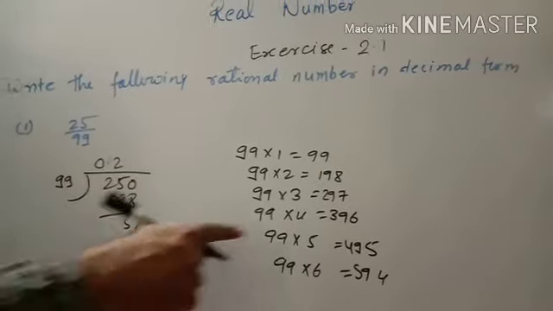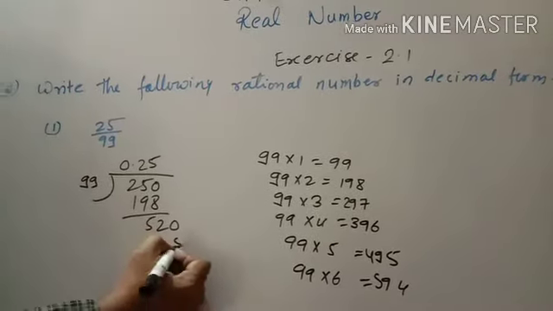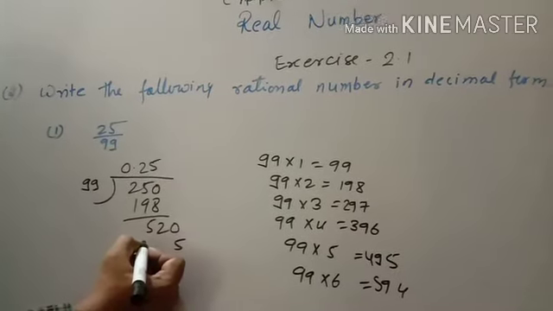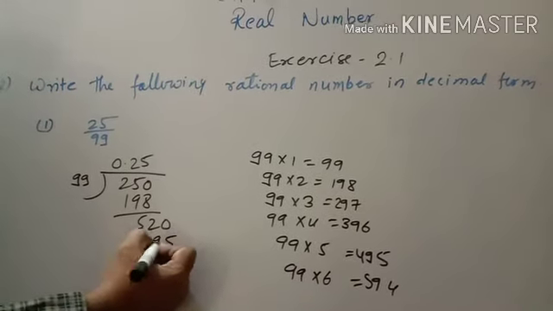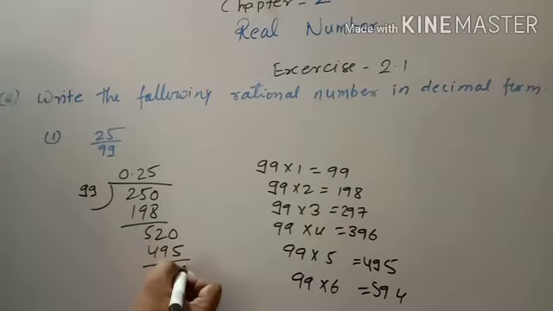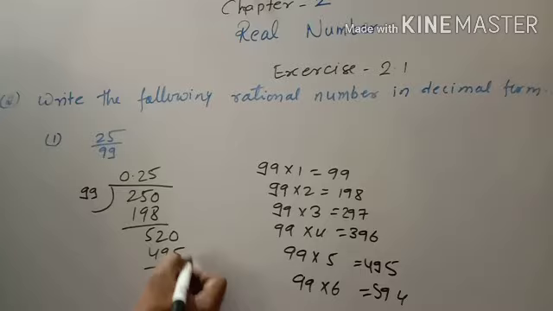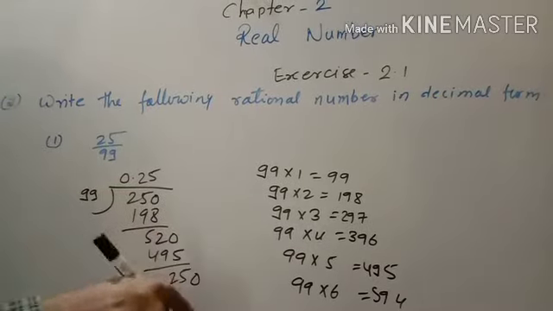So we will take 5. 5 9s are 45, 495. Remaining is 10 minus 5 is 5, 11 minus 9 is 2, and 0. Again 0. Again it comes 250.